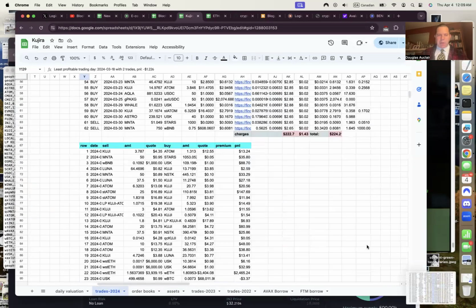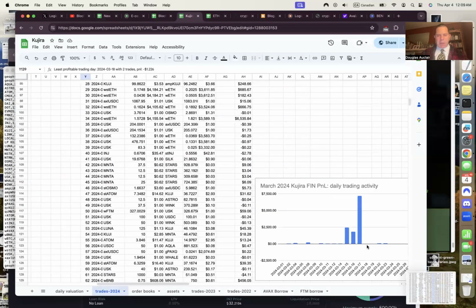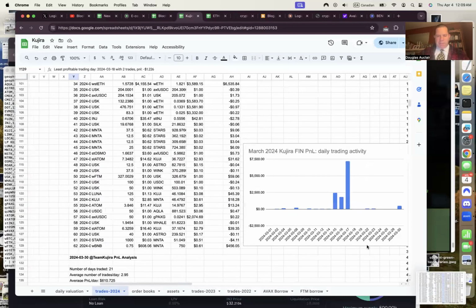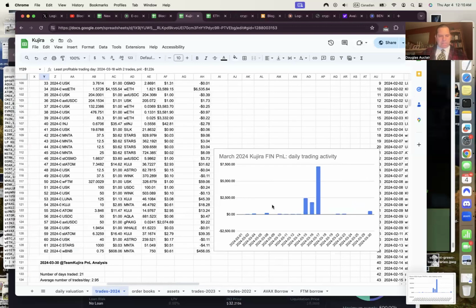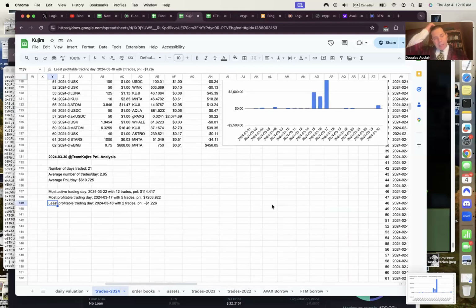Every trade I record, every trade you can see. And I am doing it profitably. Okay, I've got that information. Now let's record the assets information into the assets tab.